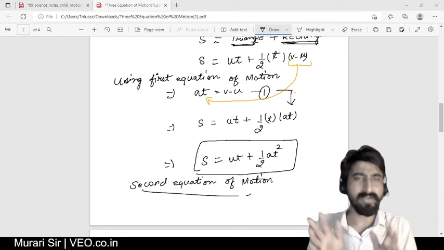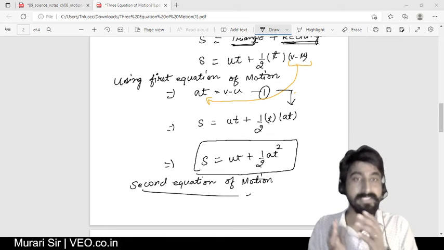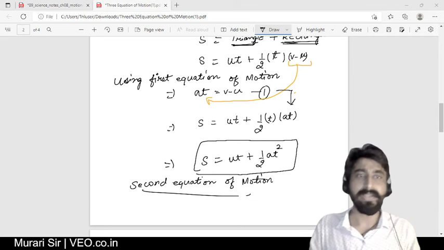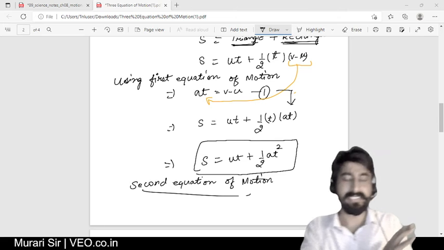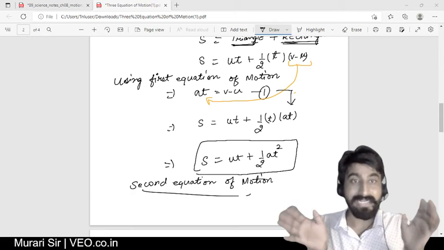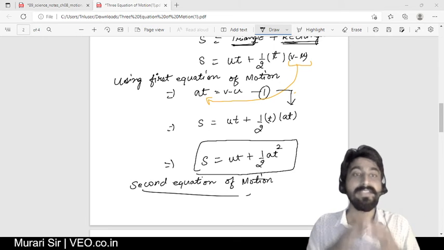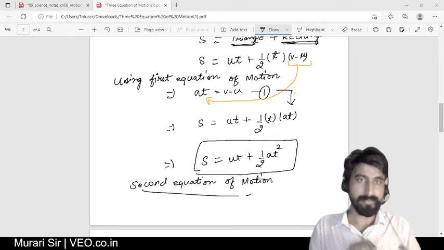There is no difference here between speed and velocity because we are going in a straight line. Okay, then increased the speed till 100, then applied the brake, came to rest. So this entire journey is now considered, and if you are going to calculate the velocity of the entire journey, how much velocity or speed was there in the whole journey, then you will calculate the average. Understood the difference?